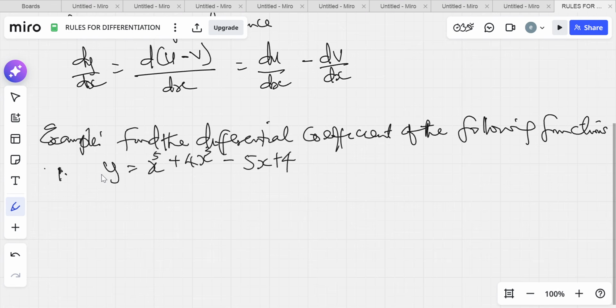So what do we do in a situation like this? We have to apply the rule.